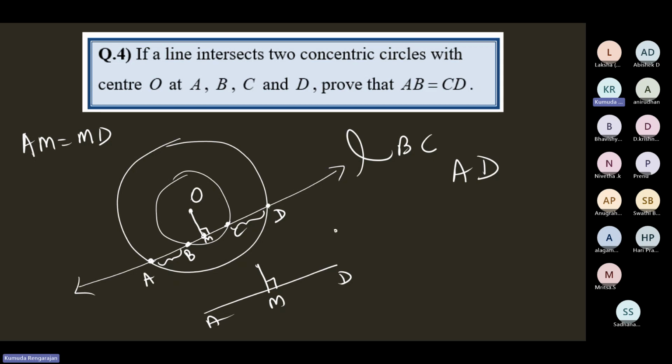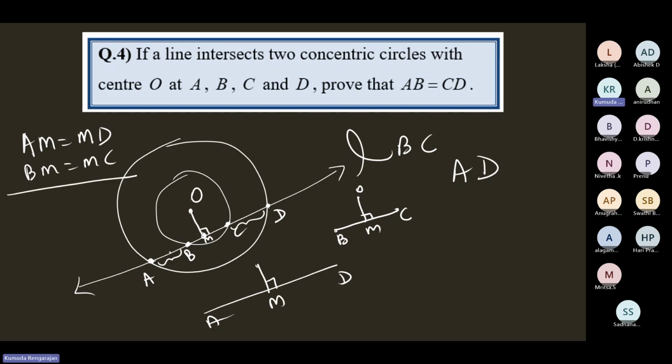Then there's another chord BC to the inner circle. On that also you have this OM perpendicular, so the chord is bisected. BM is equal to MC. Subtract these two.